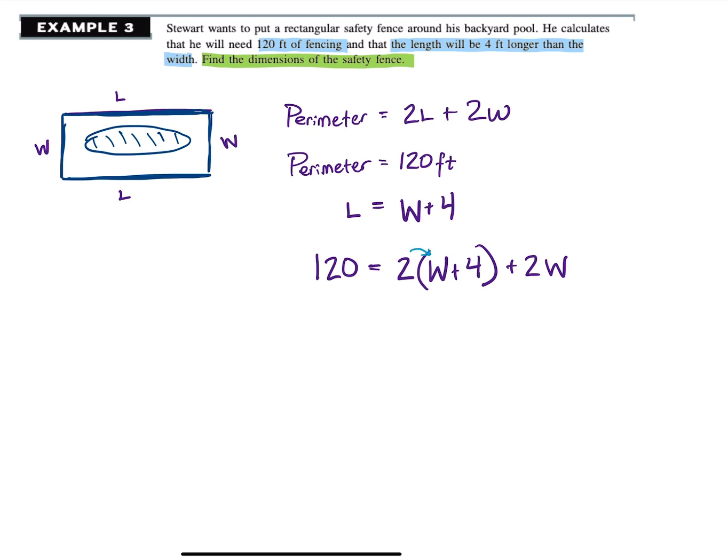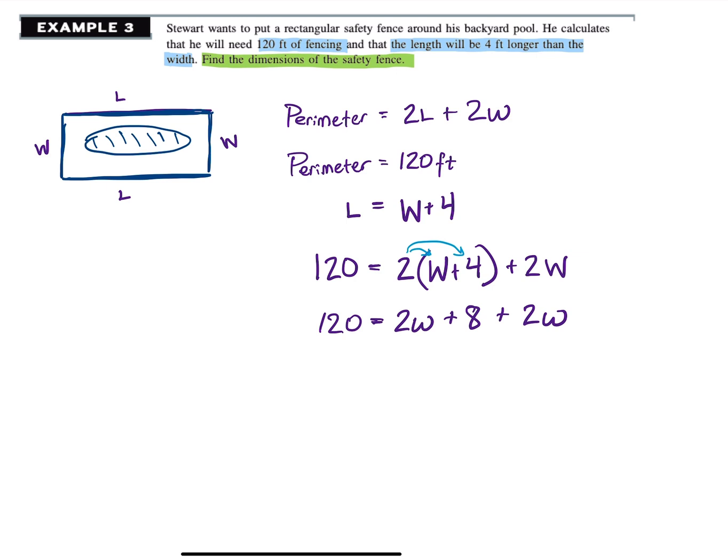So I'll distribute this 2 to both terms in here. So I have 120 equals 2 times W, and then 4 times 2 is 8. And we have another 2W here. Okay, let's combine like terms.